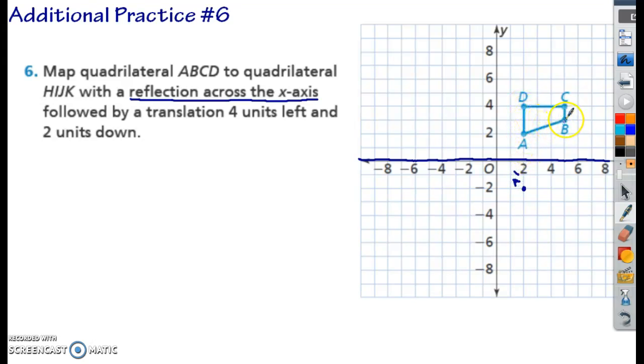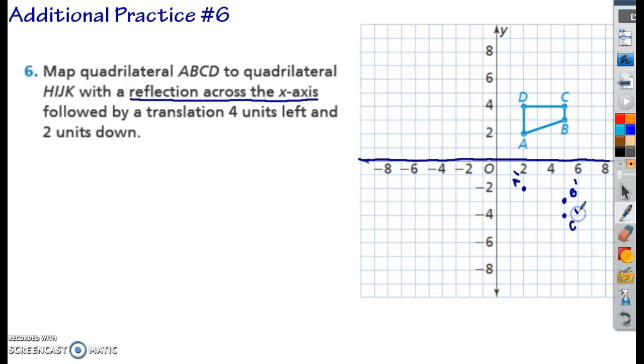How about I go to B? B, I'll do the same thing. I'm going to go to the line of reflection and beyond. 1, 2, 3, 1, 2, 3. Here is my B prime. C, 1, 2, 3, 4 to get to the line of reflection. 1, 2, 3, 4 beyond.